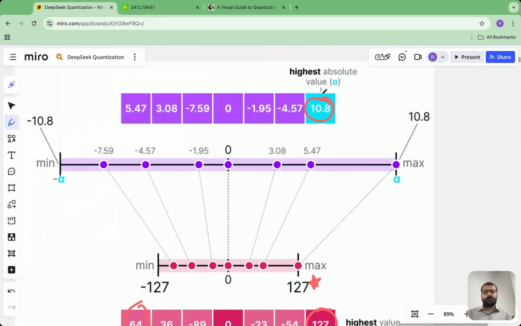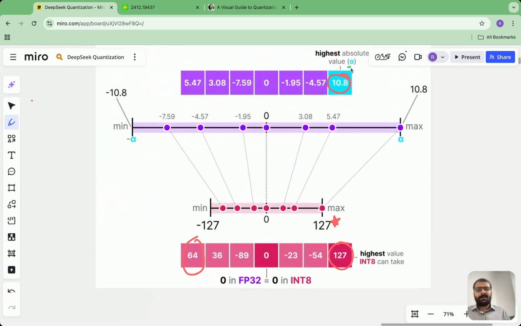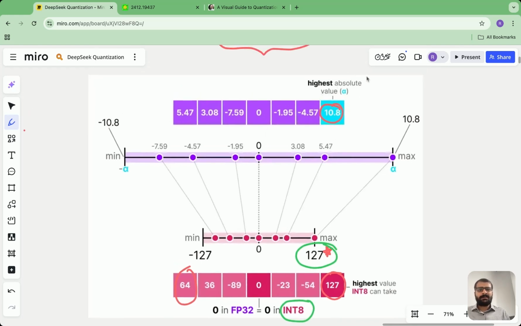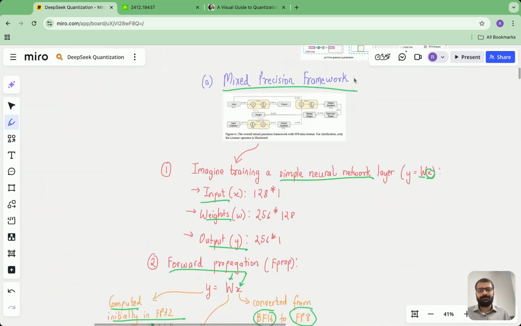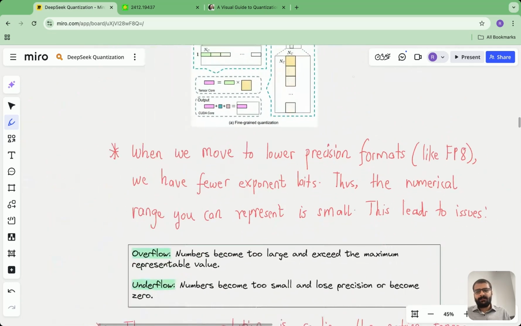If you want to go from floating point 32 to integer 8, if you take the sequence of numbers, you divide by the highest number, and then you multiply by 127 because we are converting it to integer 8. The important thing to remember is that we divide the original sequence of numbers by the highest absolute value, and that's where we start fine-grained quantization.